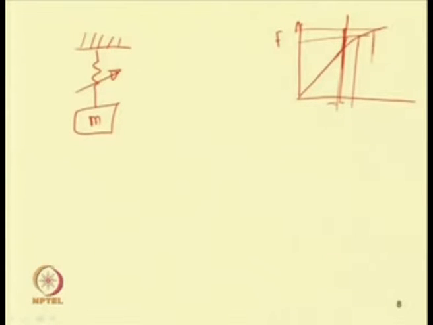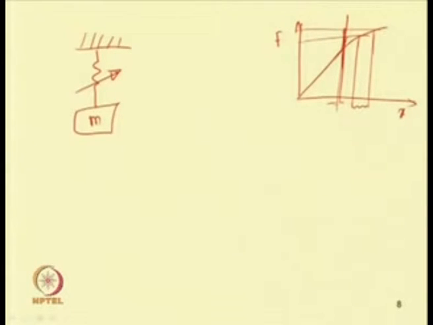This is the large deflection, and this is x, that is deflection. For the same amount of force the deflection is large here, so this is a soft spring, and in this case the deflection is small with the same amount of force. So, this is a hard spring. One can have a soft spring or hard spring.